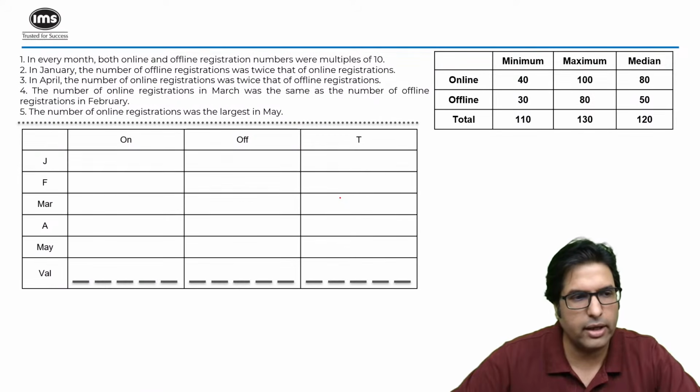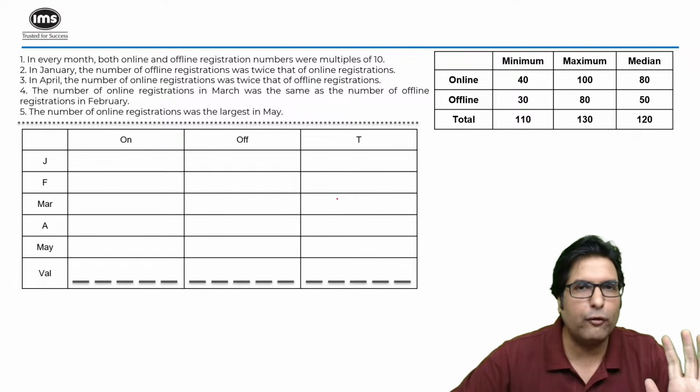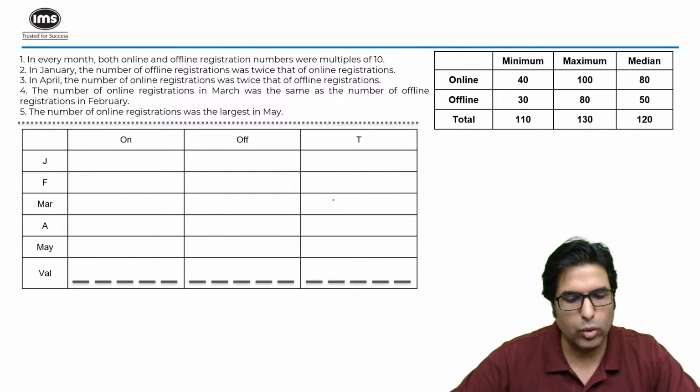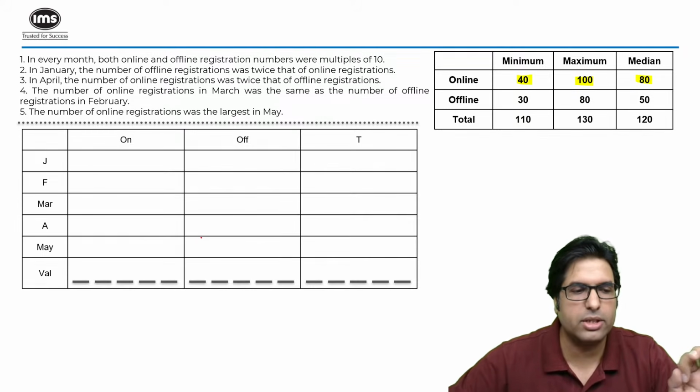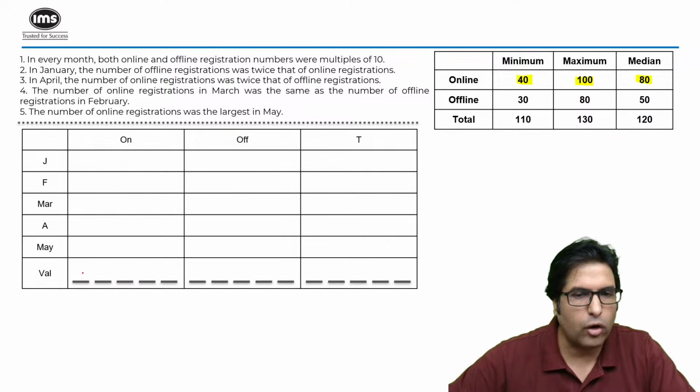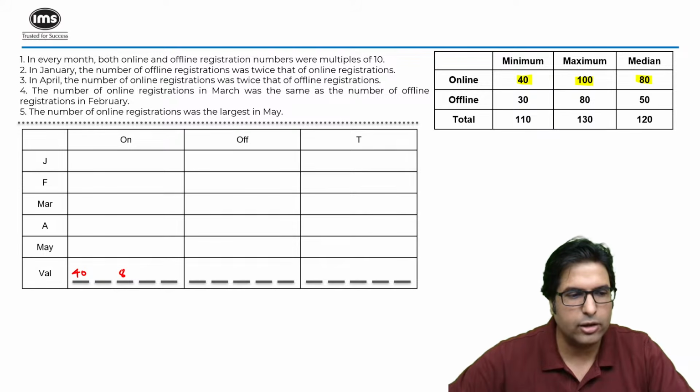So we can create the structure that I had suggested in the discussion so far. Now we move to our clues that are available. The very first thing that I'm going to do is make use of these values 40, 100 and 80 and plug in these values directly. So I know for online the values are minimum 40, median is 80, so the middlemost value will be 80, and max will be 100.